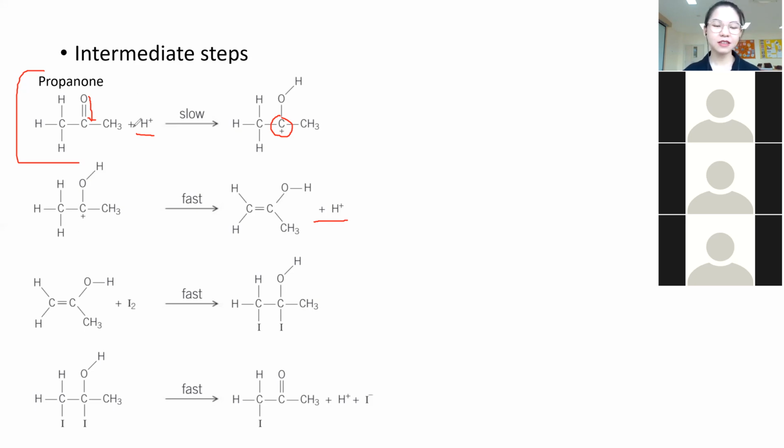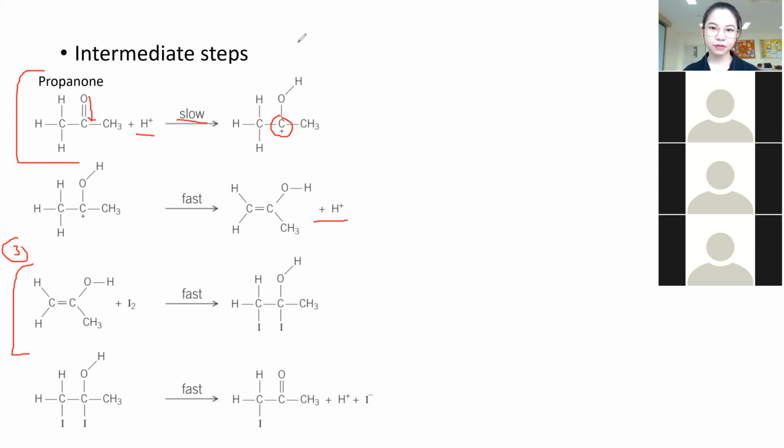But iodine doesn't come into play until the third step. It's only in the third step that iodine starts reacting. If you pay attention to the fast and slow steps, the slowest reaction is the first one. That means, if you remember, all the steps after the slow reaction don't affect the rate expression at all.